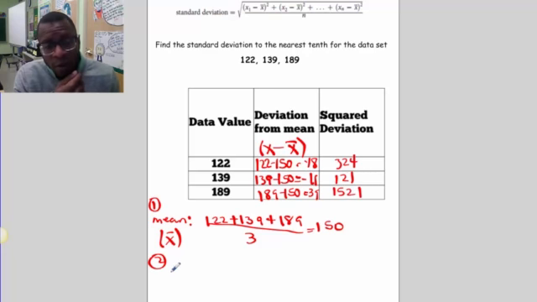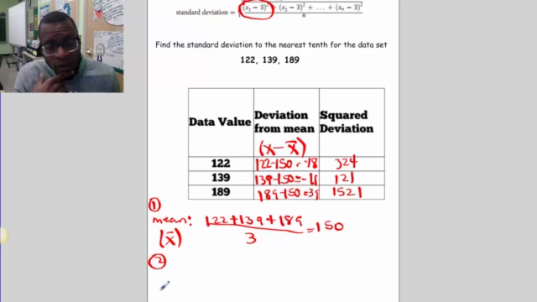Okay, and so lastly, what we want to do is we want to find the mean. So we found the deviation from the mean, and so this represents our squared deviation. So now we want to find the average of those squared deviations.